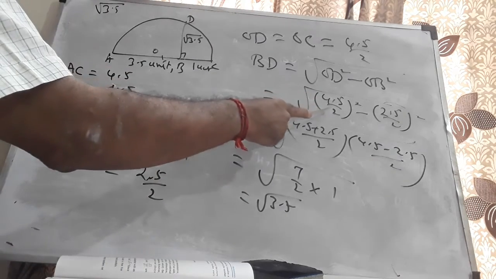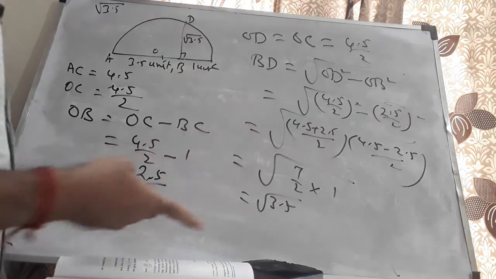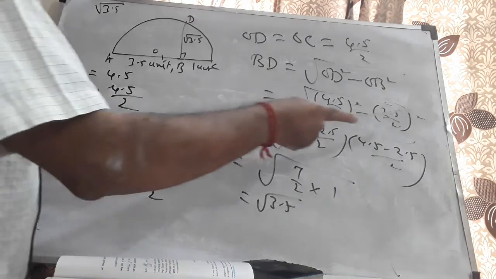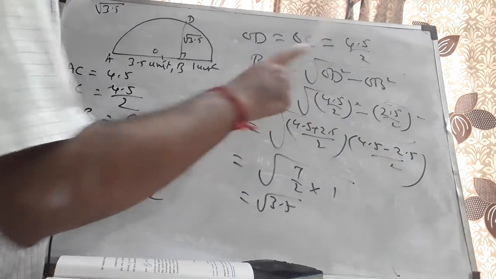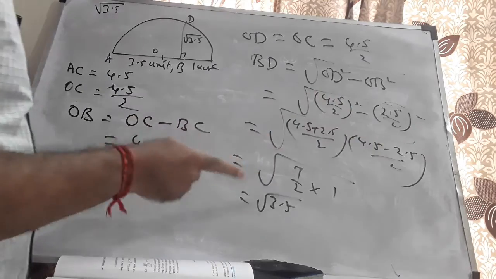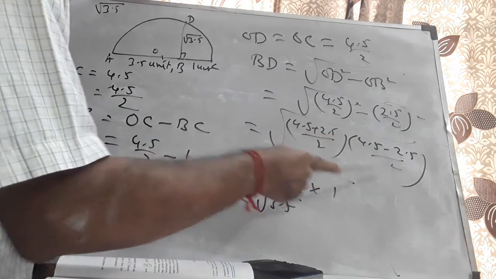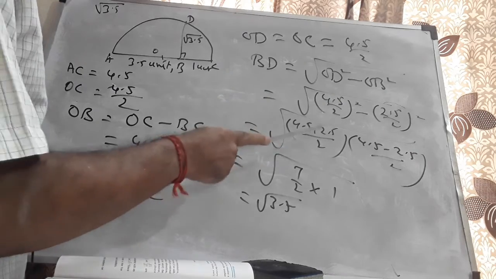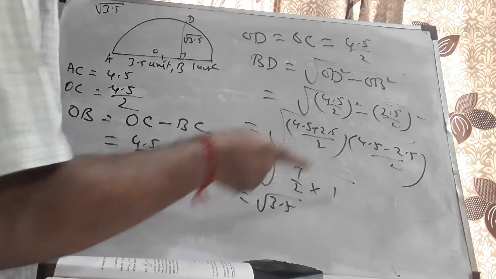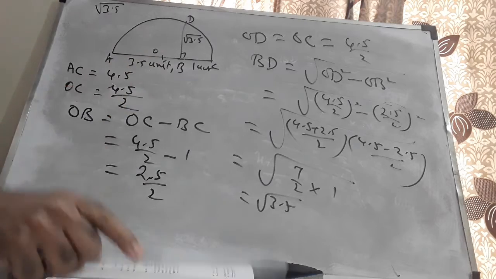Root of (4.5 by 2) whole square minus (2.5 by 2) whole square. Don't expand using whole square etc. Use (a+b)(a-b): (4.5 plus 2.5) by 2 into (4.5 minus 2.5) by 2. This is 7 by 2 which is 3.5. This is 2 by 2 which is 1. Now this length is root of 3.5.